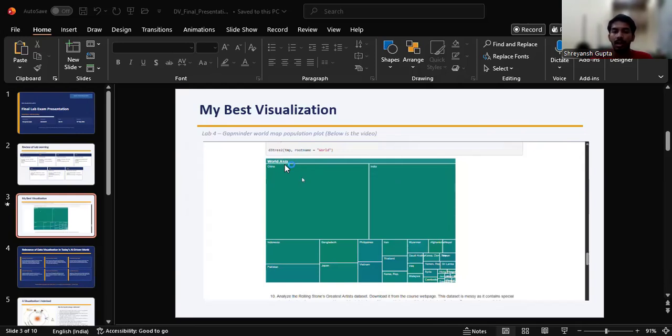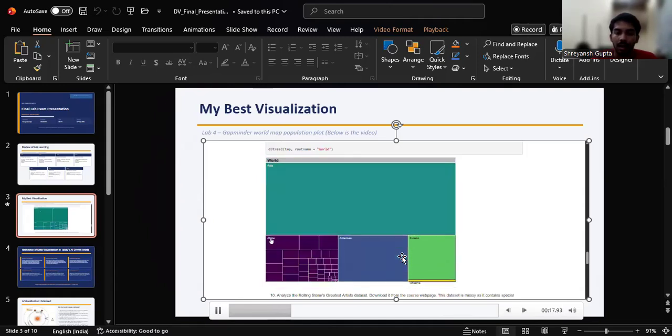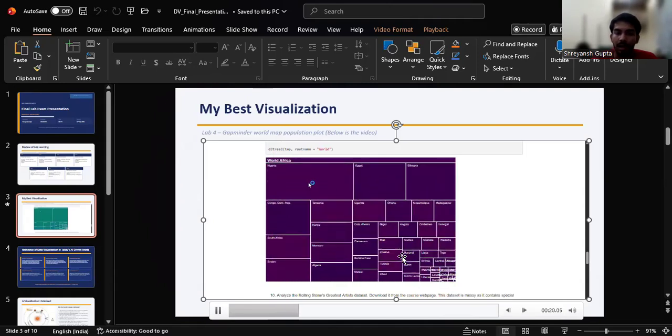I have recorded it, so let me share it. Start. You can see whenever I'm hovering over India, it is showing the population. I'm not clicking, I'm just hovering over that country, and it is showing the population. So it is an interactive one. In the world data, I clicked on the Africa continent.